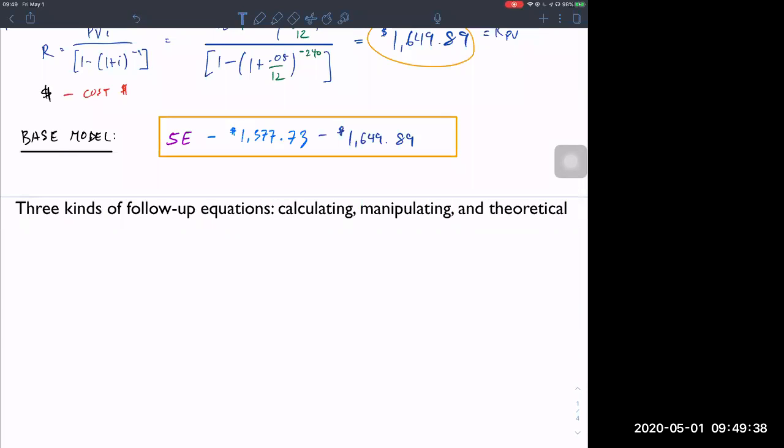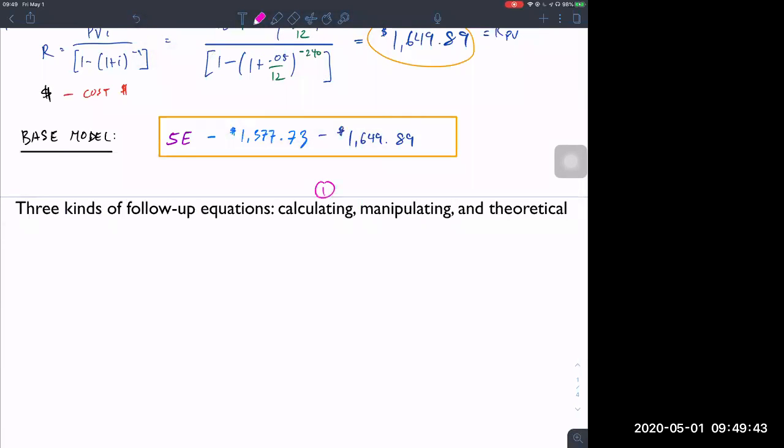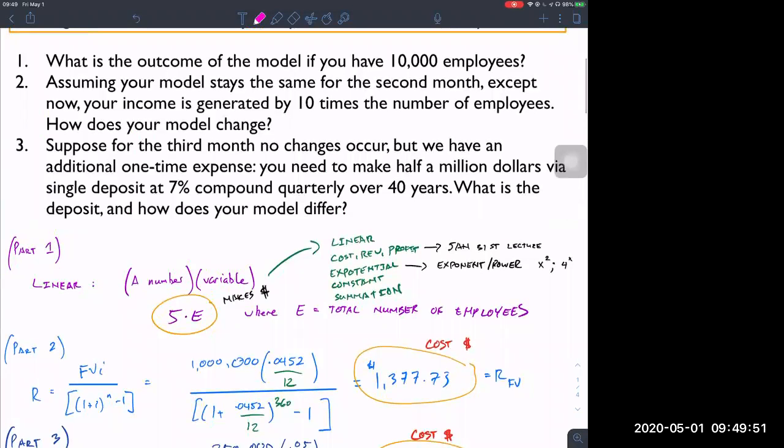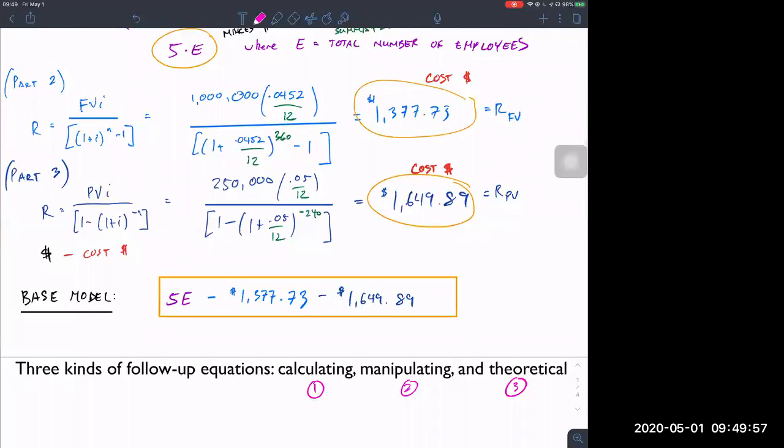So those 3. This is 1, this is 2, this is 3. When you read number 1, what is the outcome of the model if you have 10,000 employees? Does that sound like a 1 kind of question, a 2 kind, or a 3? Actually, we're at too many numbers here. Let's call it A, B, C. A, B, or C kind.